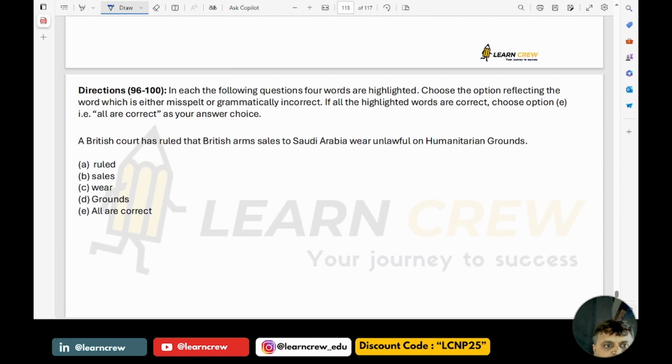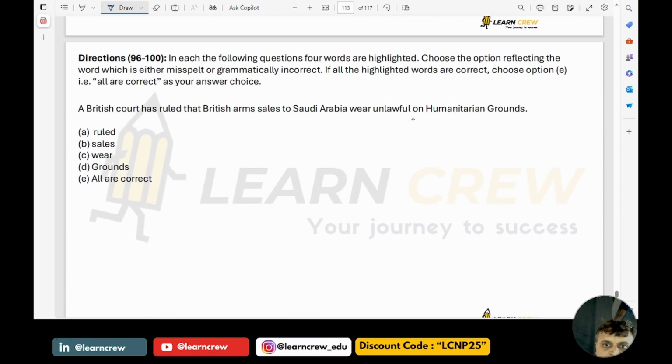Next, 96 to 100. Choose the option reflecting the word which is either misspelled or grammatically incorrect. So a British court has ruled that British arms sales to Saudi Arabia, here it is misspelled. It is were unlawful on humanitarian grounds.